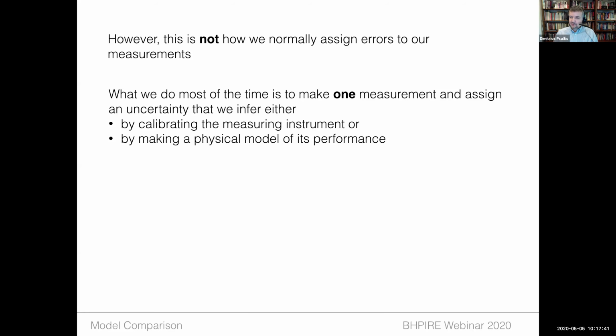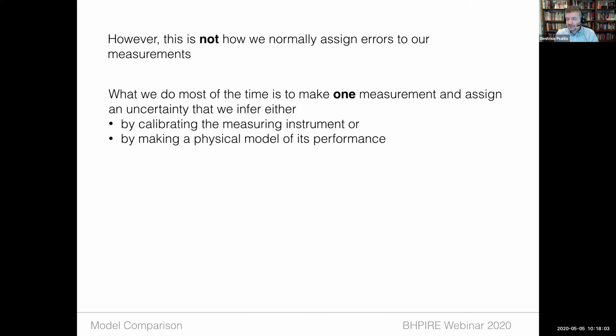We have used the telescope to observe other sources of known properties, and we have an idea of how well the telescope works, or based on a physical model of its performance. We make a model of the telescope itself, the atmosphere, anything that can go through, and we estimate what is the degree of error that our measurement is going to make.